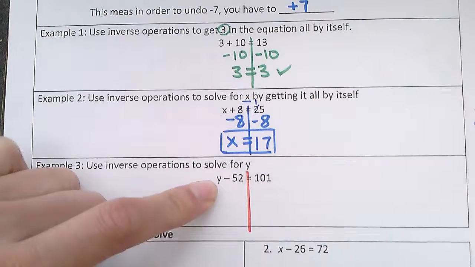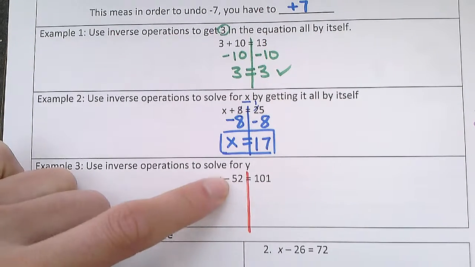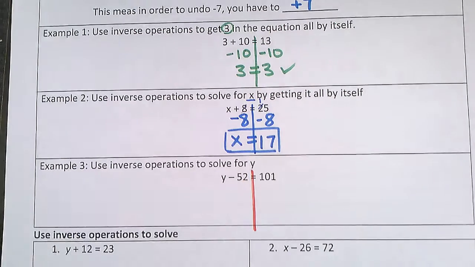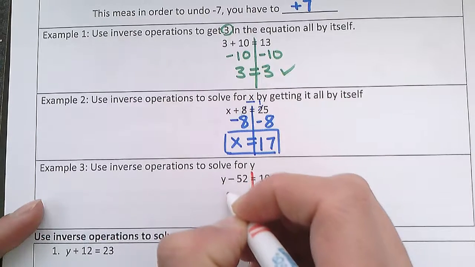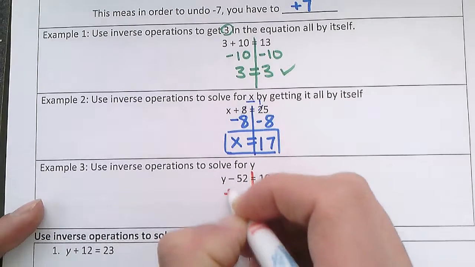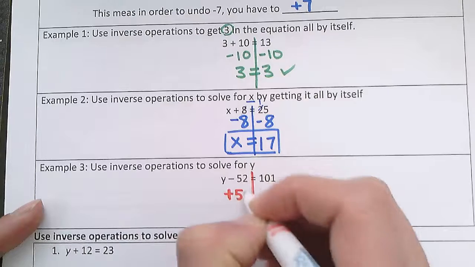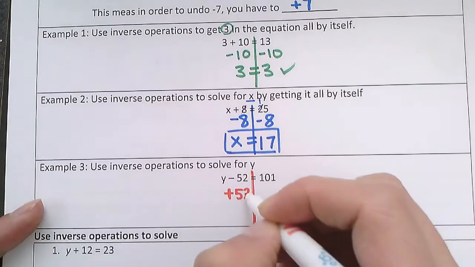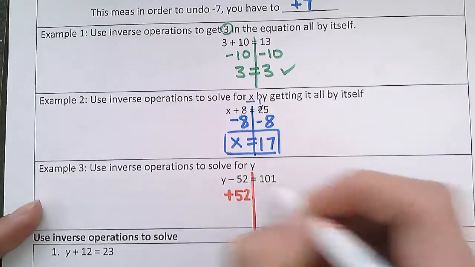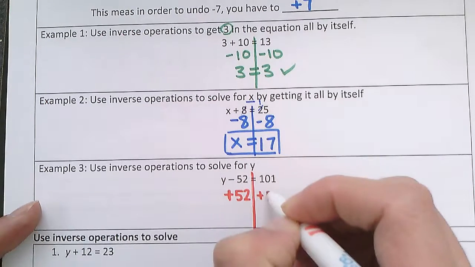We want y all by itself, and on the left side we have y minus 52. So I think to myself, what is the inverse operation of minus 52? Well, since there's a minus here, there's going to be a plus, and then 52 on this side. And if we add 52 on the left side, we also have to add 52 on the right side.